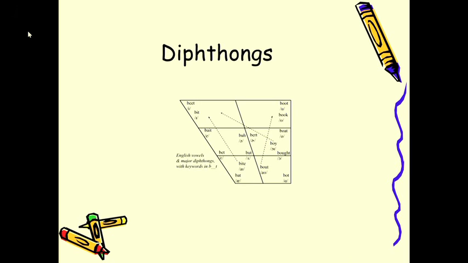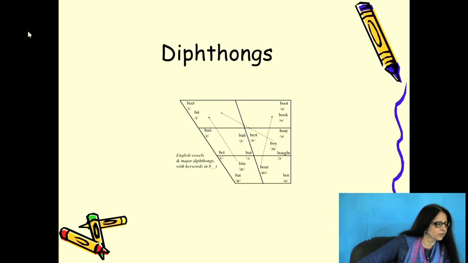The first set of diphthongs are those which end with the vowel schwa: the diphthong ia as in beer, the diphthong ua as in poor, and the diphthong ea as in pair.